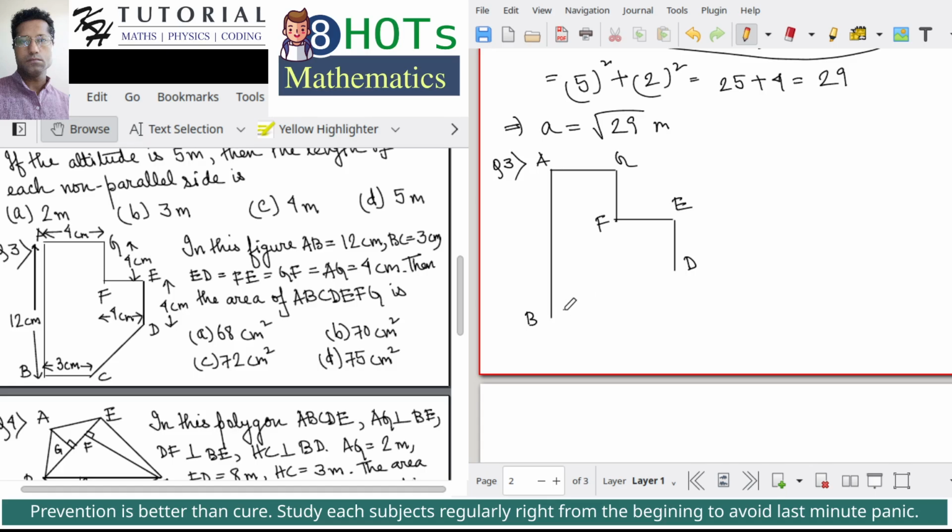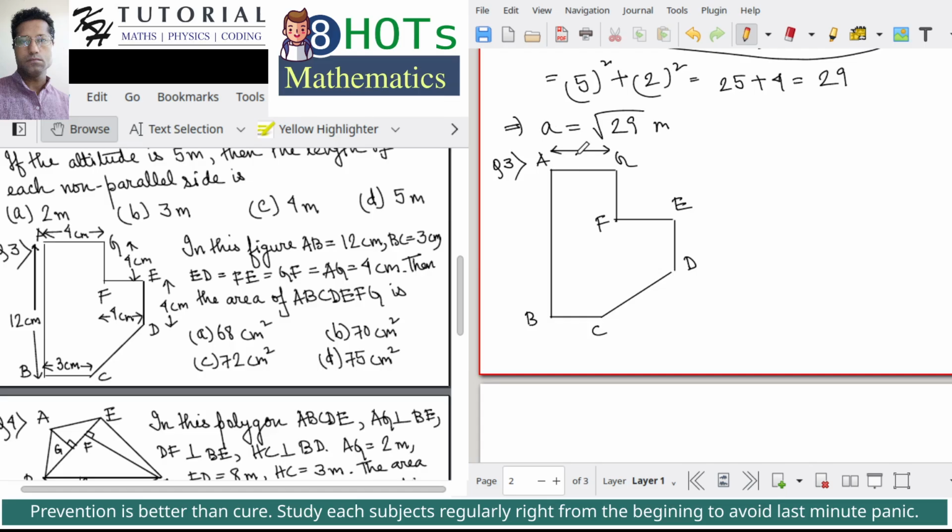Remember, BC is 3, it is not 4. So the points C and G will be vertically on the same line. So BC is less than AG. So we have this figure.